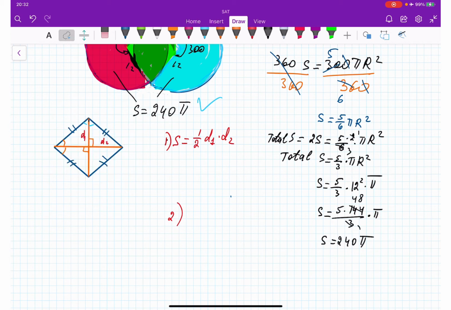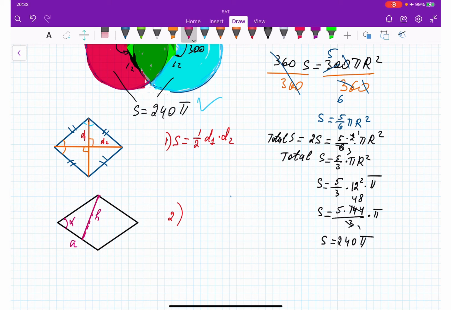This is for the first one. Now I will draw for the second one. Okay, and here is my height. Okay, this is my height. And this side is side A, and this is alpha angle.